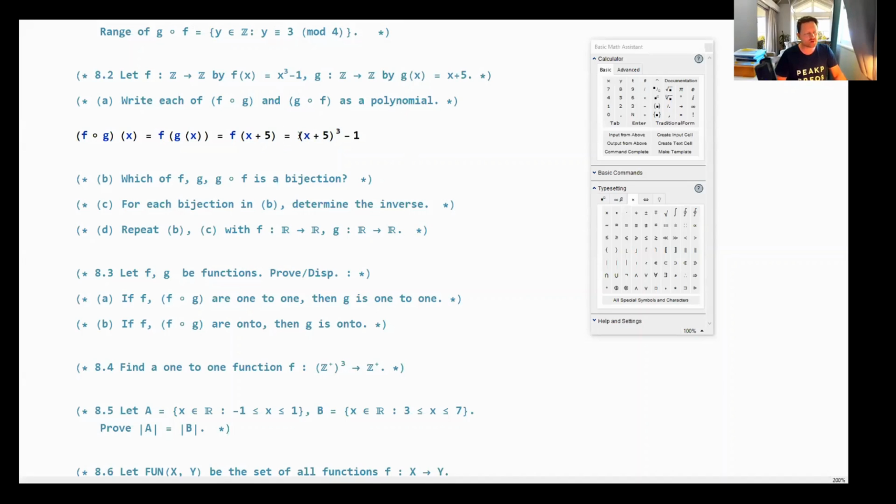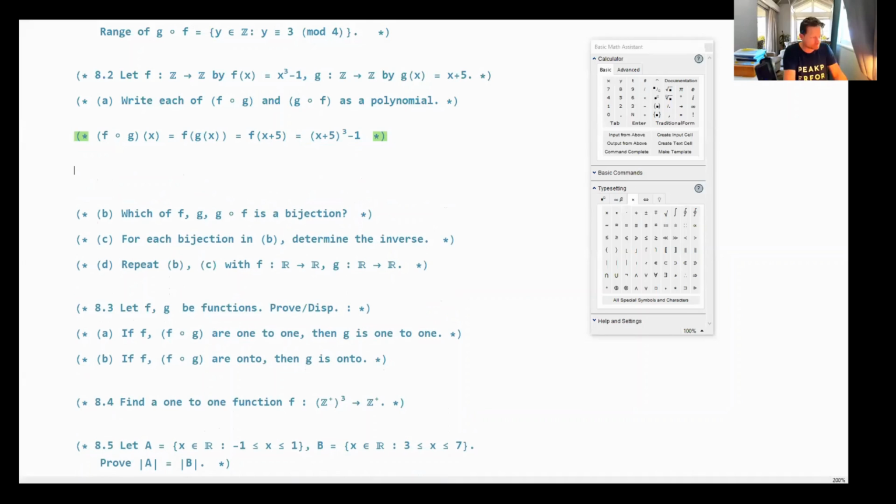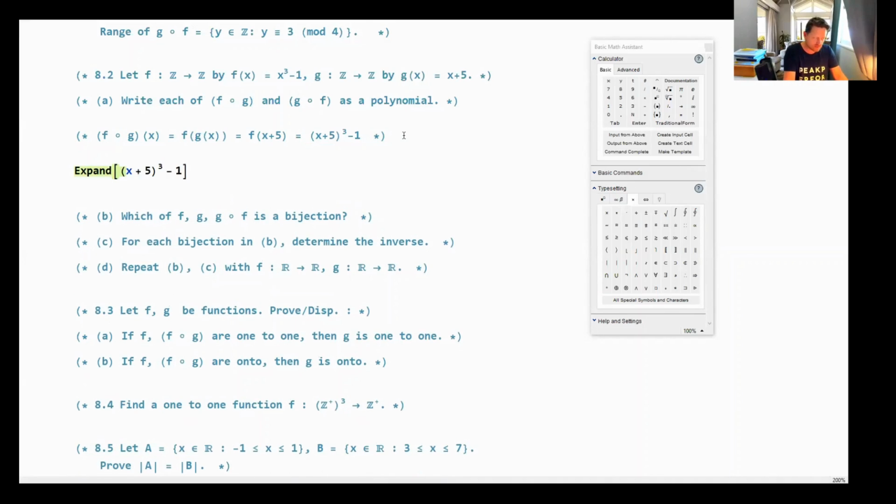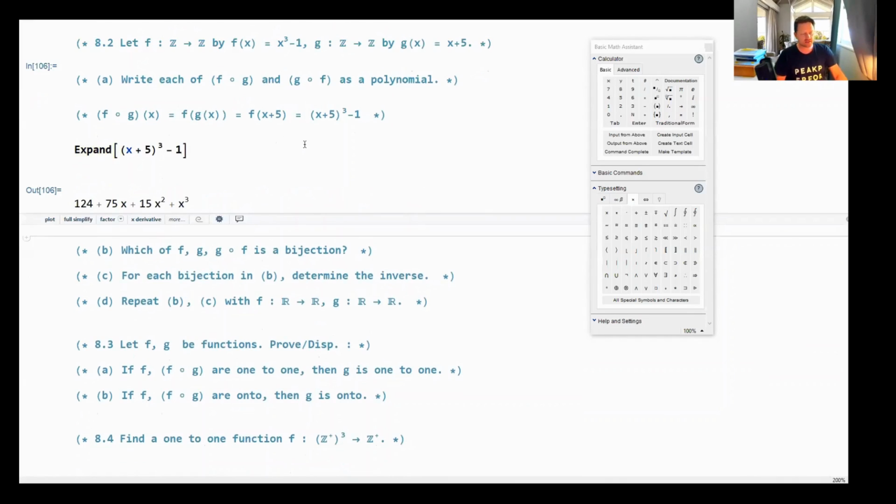Okay, great. So now it says write it as a polynomial. Obviously, this is already a polynomial, but let's expand that just so that we get the coefficients of each of the powers of x, all right? So I'm just going to use some code here to expand that. And since I'm in Mathematica, I can do that rather easily. And here we see this, the problem is it puts it backwards, but that's okay.